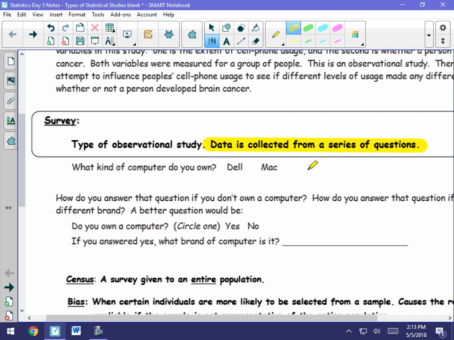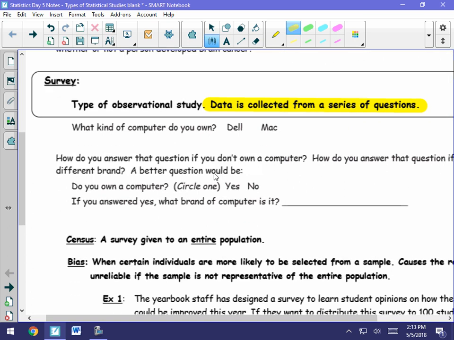When you're designing these things, there's a real science to it, a way to design your survey and ask your questions so that you can actually get useful information. A better way to do this would be to ask, do you own a computer? Start with that. And then if so, what kind of computer is it that you have? You're likely to get better information that way. So designing the survey in a way to get good information is a thing.